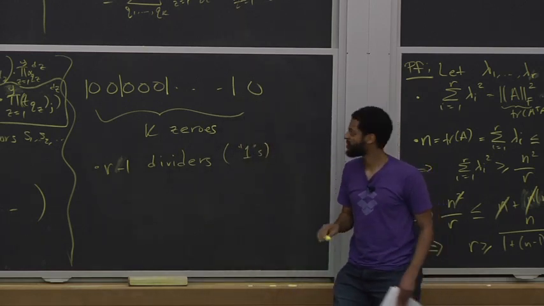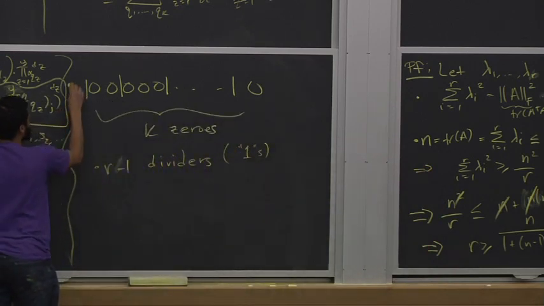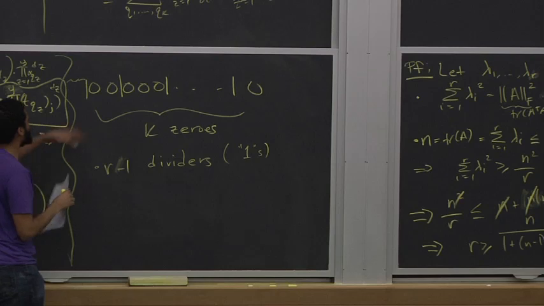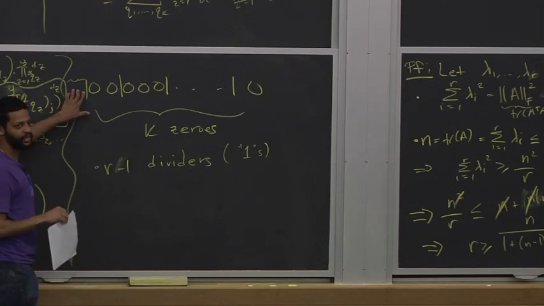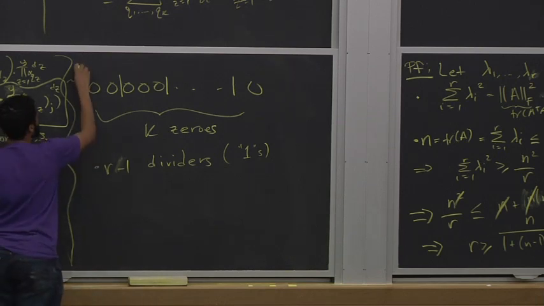Okay. Everything to the left, basically, the number of zeros to the left of the first divider tells you the power that I'm going to give to T1. So I'm raising T1 to the number of zeros.